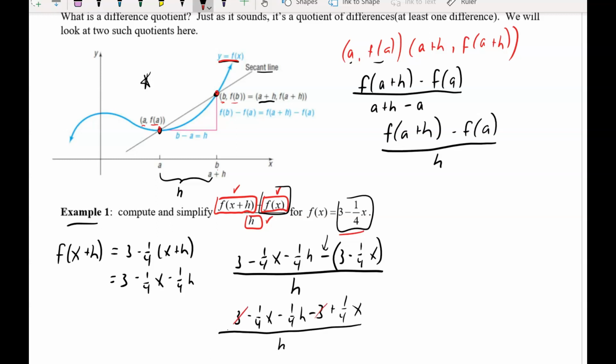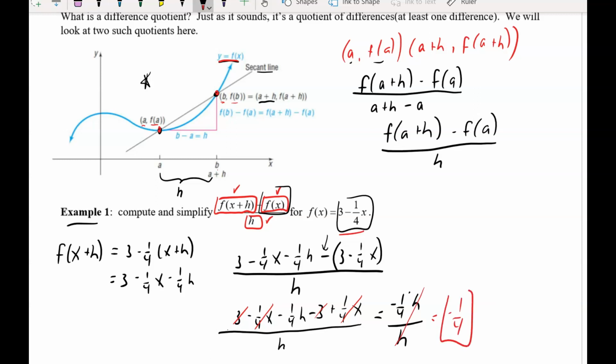That just goes away. Negative 1/4 x and positive 1/4 x, they go away too. So all we're left with is negative 1/4 h over h. And there the h's cancel away like we need them to, and we just get negative 1/4.